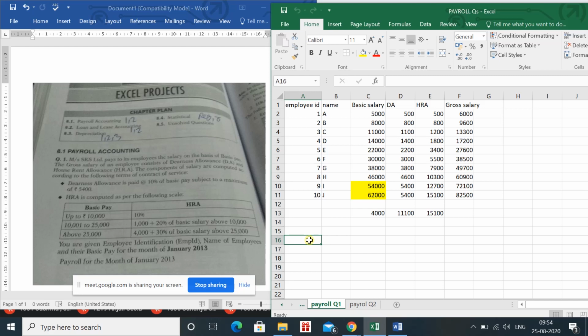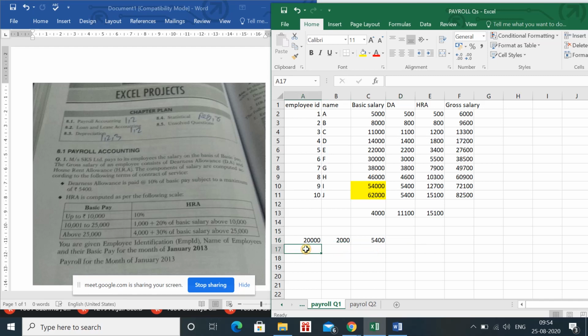If my salary is just 20,000, then 10% would be 2,000, we know that. But they are telling us that the value which you are paying should not be more than 5,400. The maximum value which you can pay is 5,400.